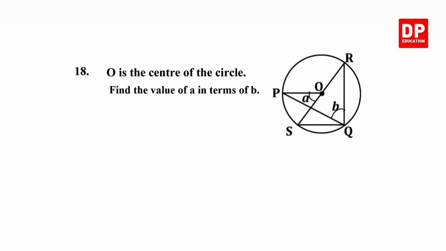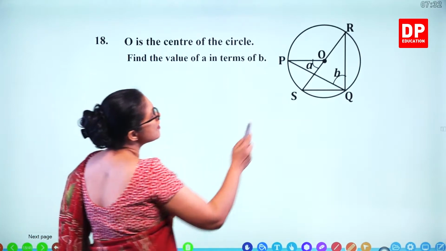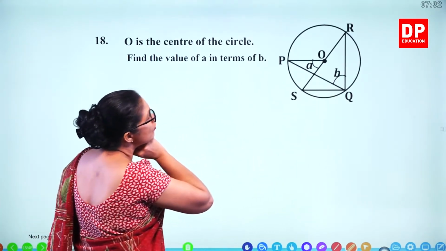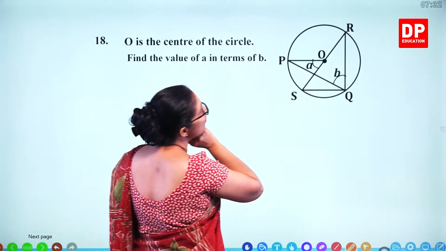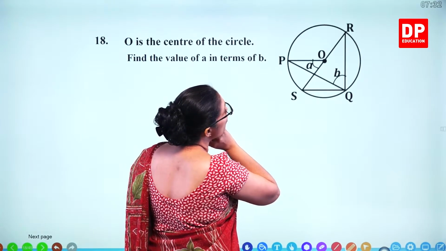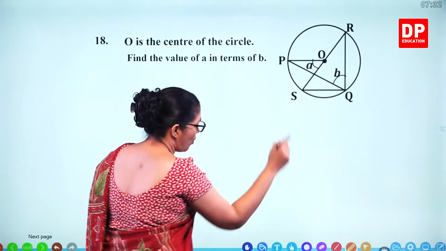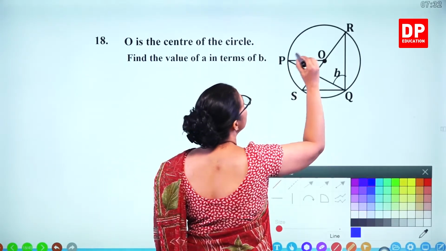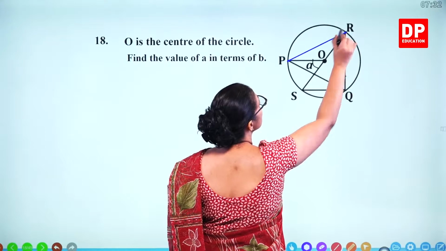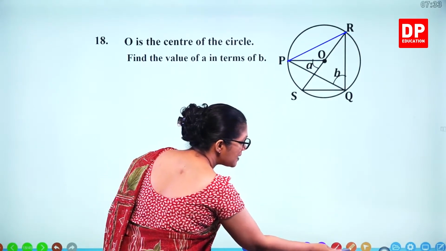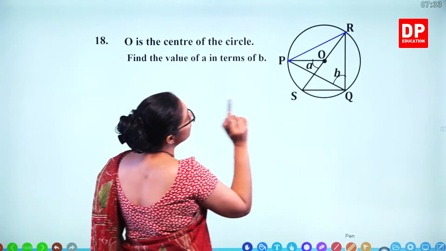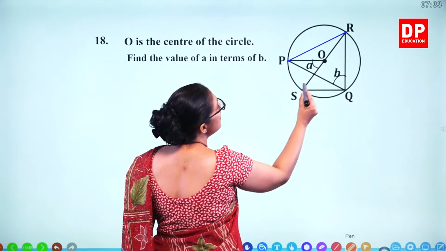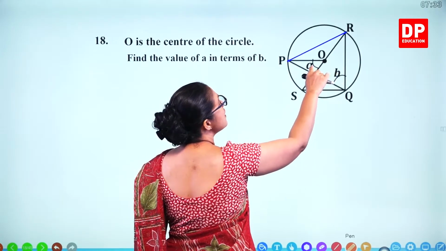Question number 18. O is the center of the circle. Find the value of A in terms of B. So this is A, this is B. So O is the center. What can you say about that? So when you draw a line here, we can see that this is the angle subtended at the center.